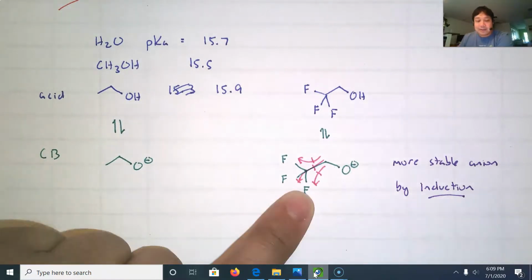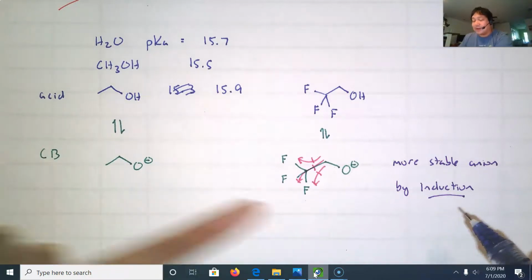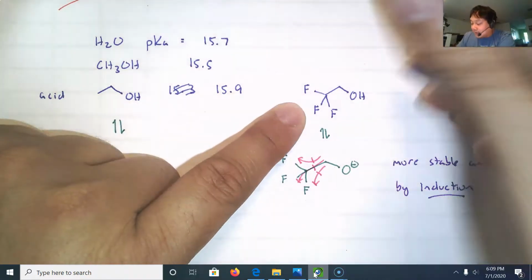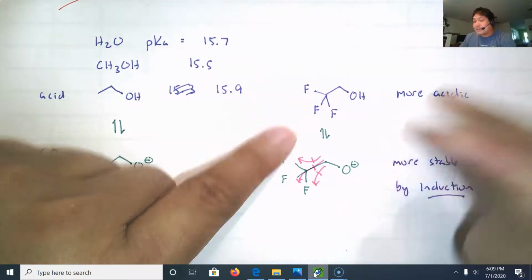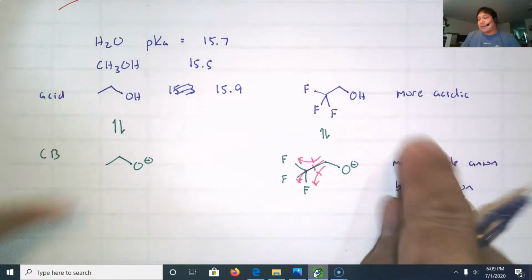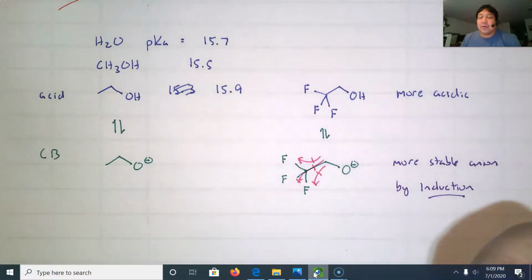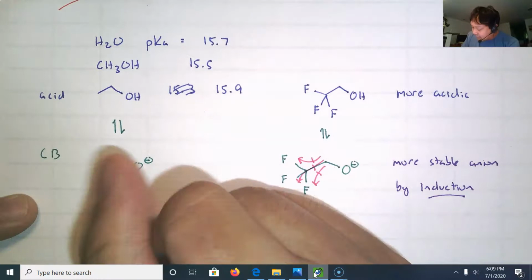If your conjugate base is very, very stable, it came from a very acidic molecule. So this is more acidic than this molecule on the left. The other phrase that you might remember is the stronger the acid, the more stable its conjugate base. I'll write that down.